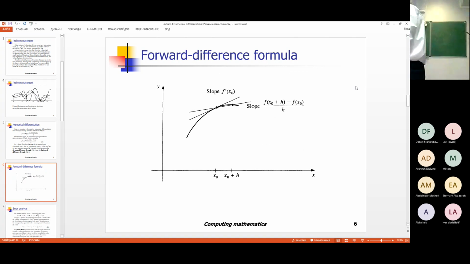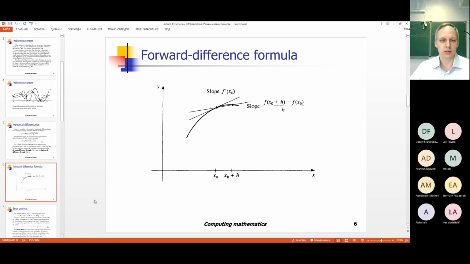This picture illustrates the situation. We already discussed the geometric interpretation of the derivative. Do you remember? The geometric interpretation of the derivative at some point is the slope of the tangent line at this point.